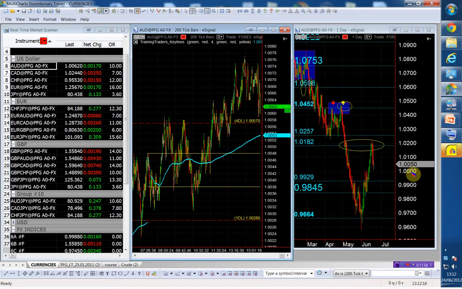This means it is dearer, it is more expensive to buy the Australian dollar today than actually to buy it 3 months from now.